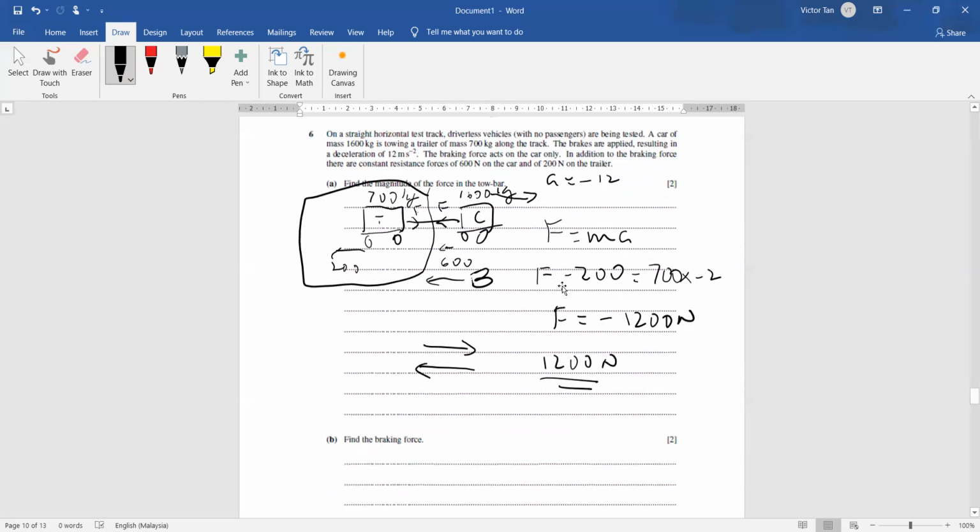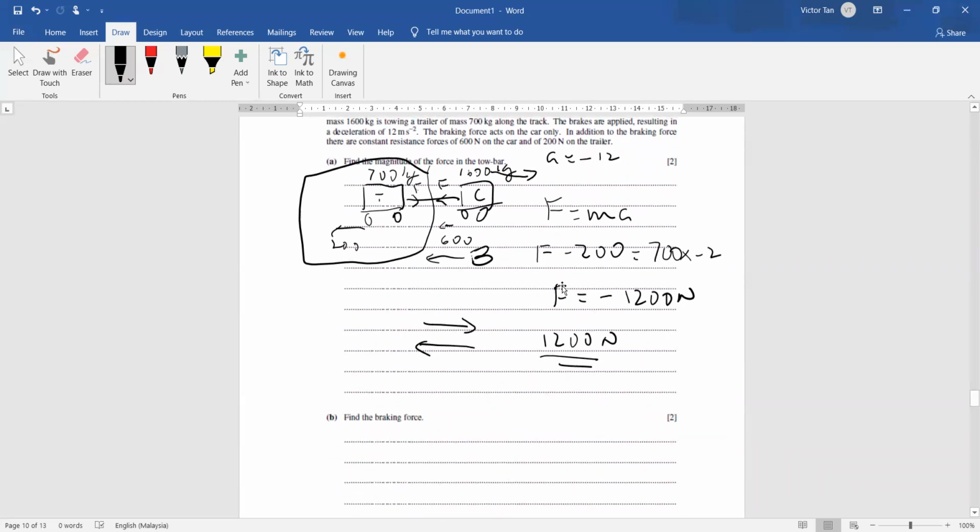Find the braking force. Okay, so if I'm going to isolate the car, I'm going to change it because I've put this in the wrong direction. This will be going this direction. So I'm going to rewrite all this equation here, so it's not so complicated.